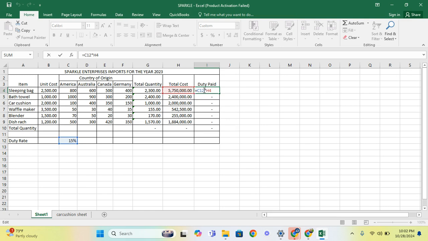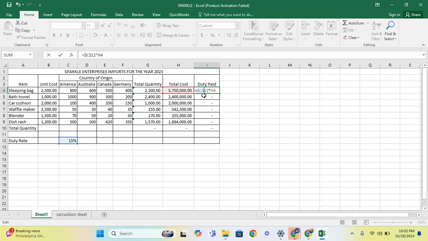For me to lock that, I just need to have the insertion pointer immediately after C12, and then, if you're using most of our desktops, you use the key F4, but also you can decide to type. So if I want to type, I just need to type a dollar sign there, but also a dollar sign after C. That means I have locked.